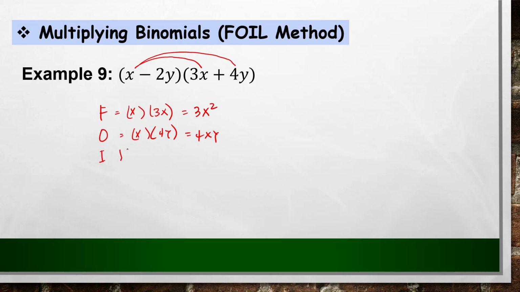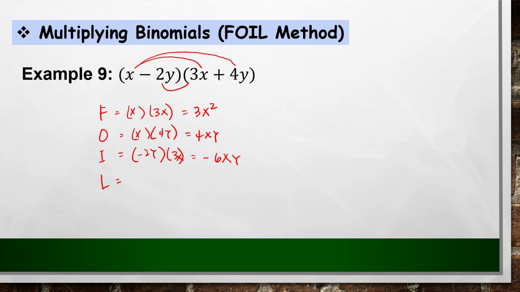I, the inner terms. So that's negative 2y times 3x, which is equal to negative 6xy. Okay, you have to consider the 2y is negative because of the minus. Meaning that 2 is negative.